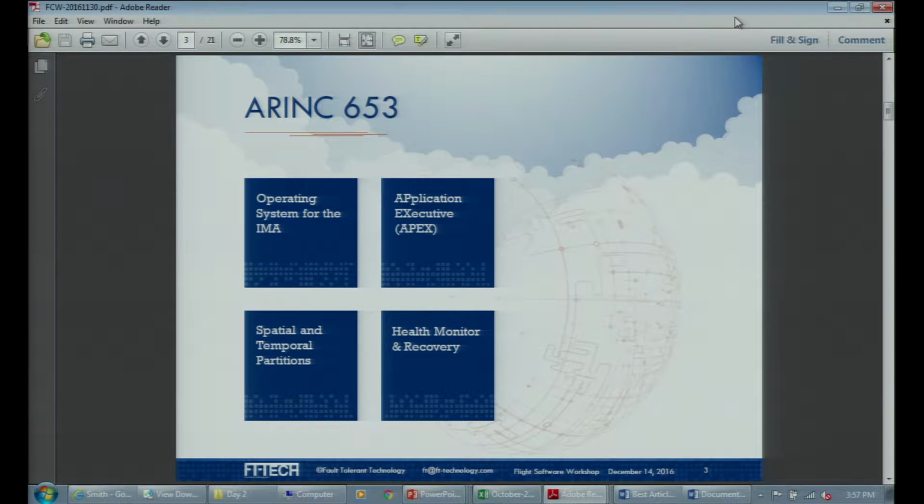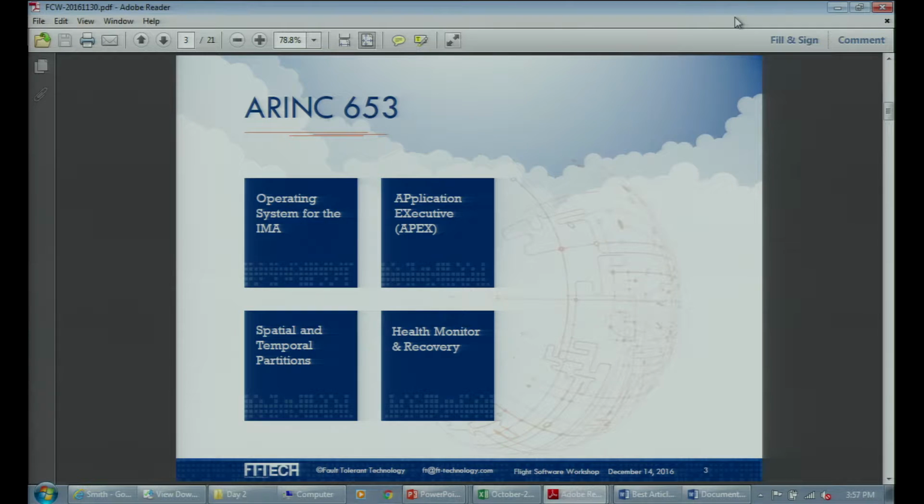And so ARINC 653 is the Aeronautical Radio Incorporated Specification number 653. They got a bunch of them, and it's basically how you specify a real-time operating system.